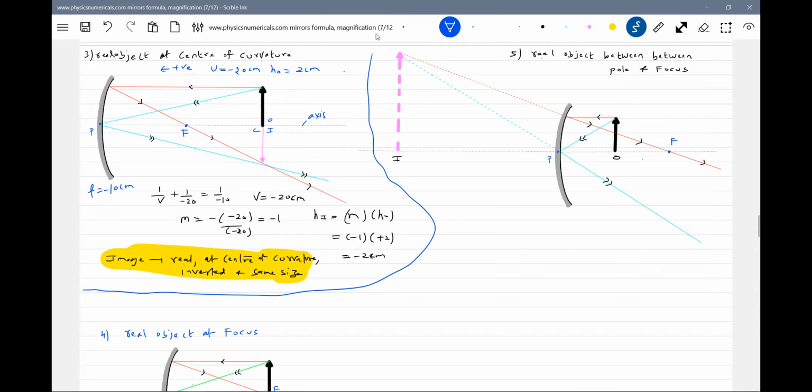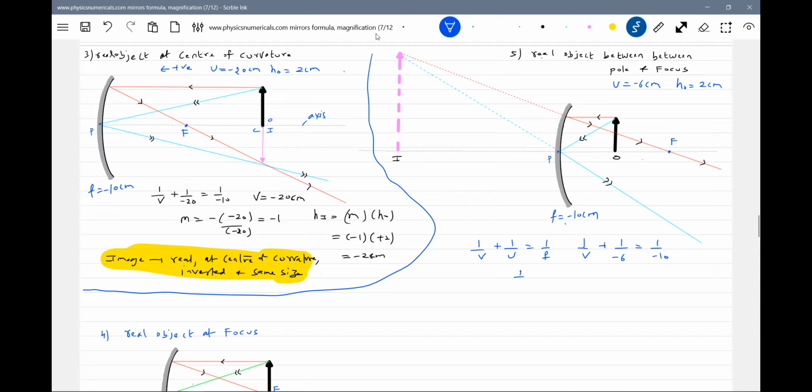Okay, let's take the other condition. For a mirror of focal length -10 centimeter, the object is at -6 centimeter. Let me keep it here. The height of the object is +2 centimeter. From the formula, 1 by V equal to 1 by F, let me substitute all the things. U is equal to how much? -6, -10.